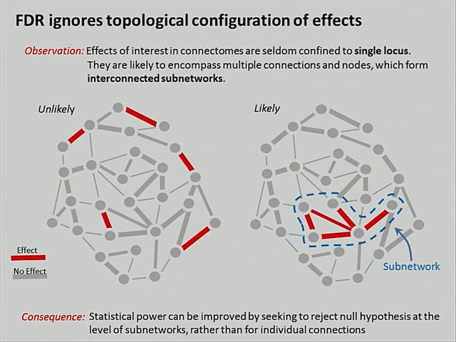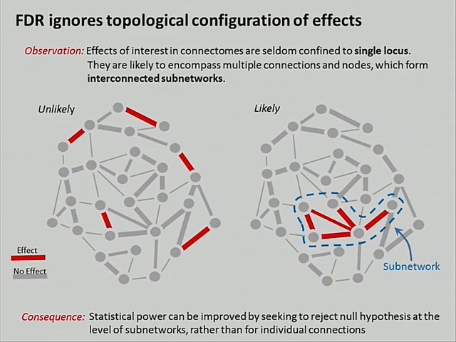Ultimately, these subnetworks are constrained by the anatomical network topology, so the axons and the fibre bundles that interconnect different regions. Now, methods such as the false discovery rate treat these two cases, the unlikely case and the likely case, exactly the same. There's no difference in the way that the false discovery rate performs on the unlikely and the likely case.